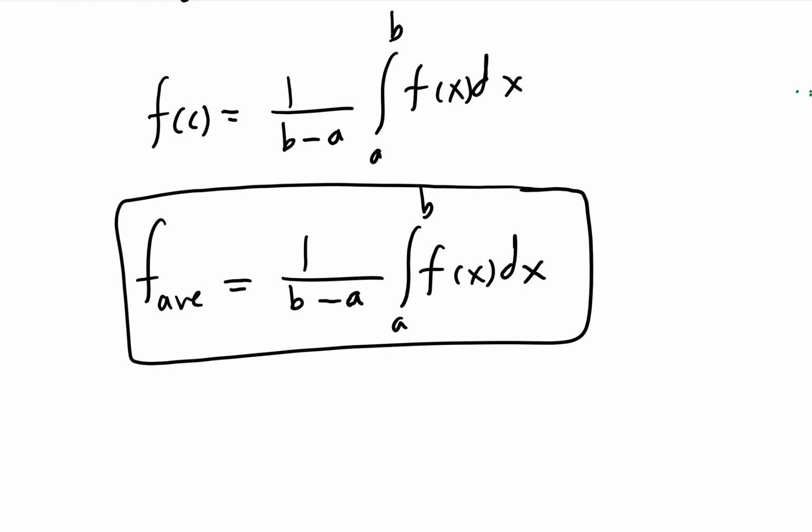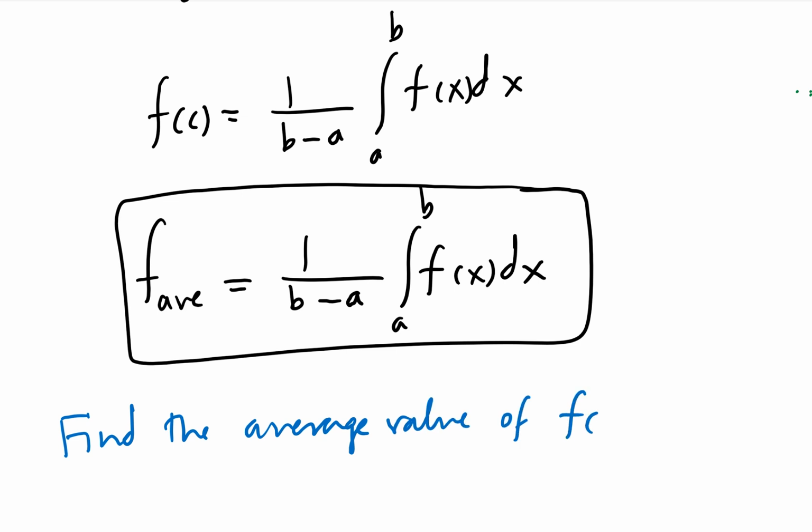Just to apply it to a simple example, find the average value of the function f of x equals 3x squared minus 2x over the interval 1 to 4.